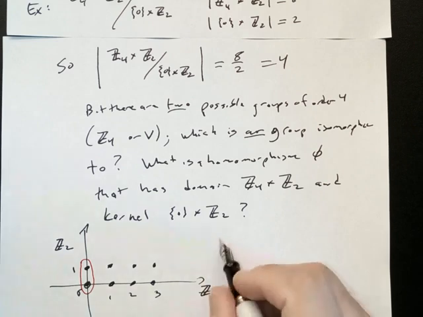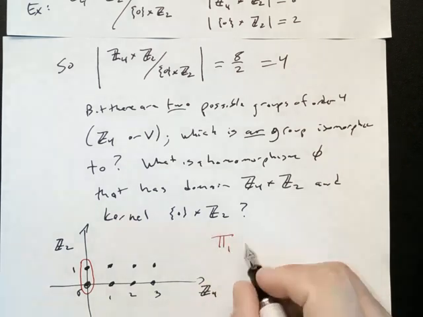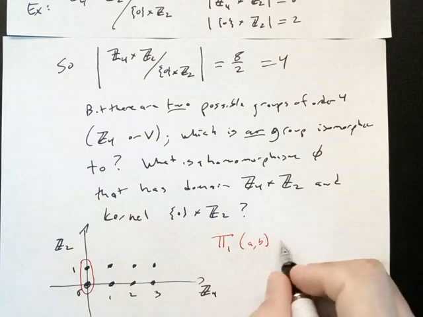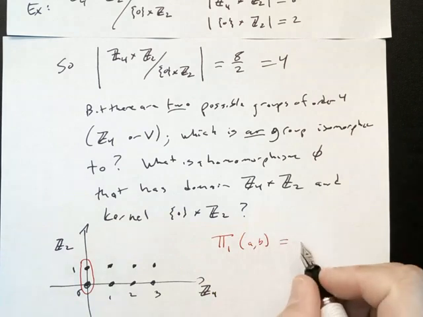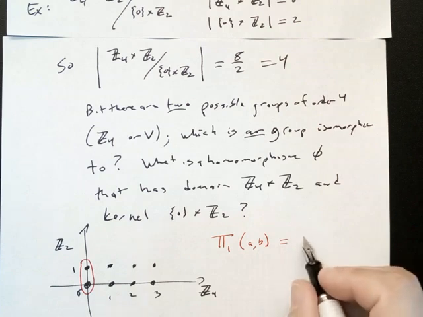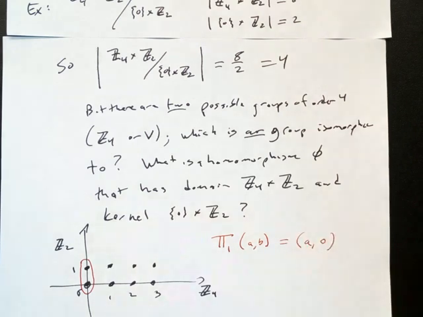The homomorphism in question goes like that. It ignores the second component and it maps it to 0, and the first component stays the same.